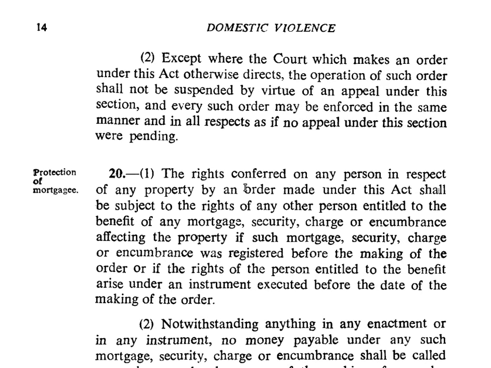Except where the court which makes an order under this act otherwise directs, the operation of such order shall not be suspended by virtue of an appeal under this section, and every such order may be enforced in all respects as if no appeal under this section were pending.